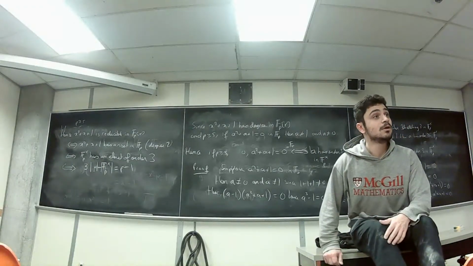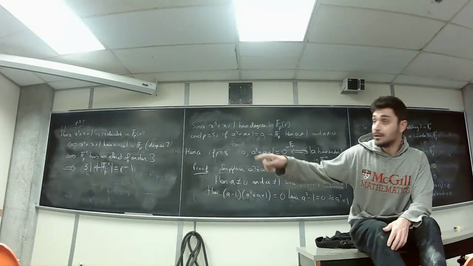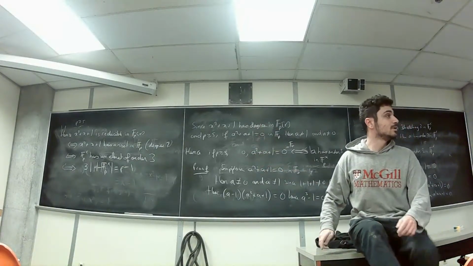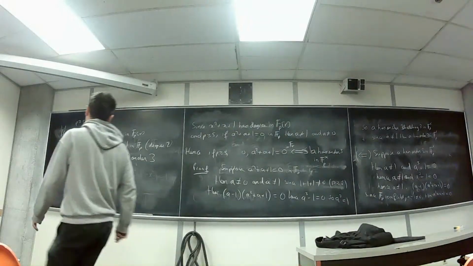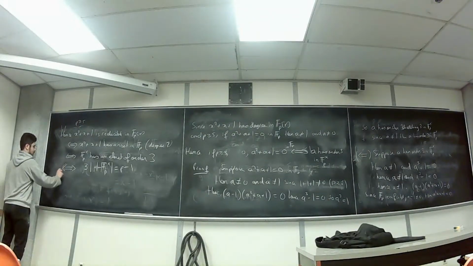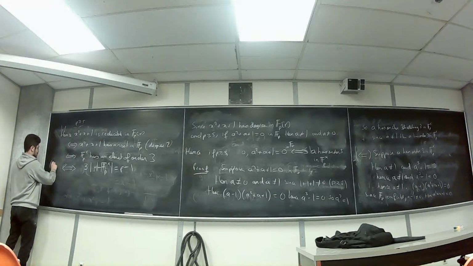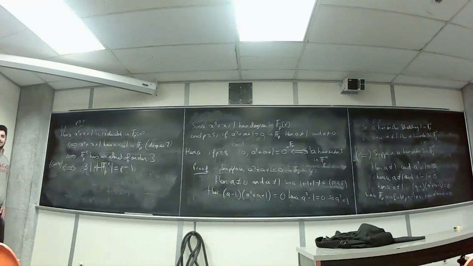Cauchy's theorem. 3 is a prime number dividing the size of F_p star, so you must have an element of order 3. Very nice exercise.